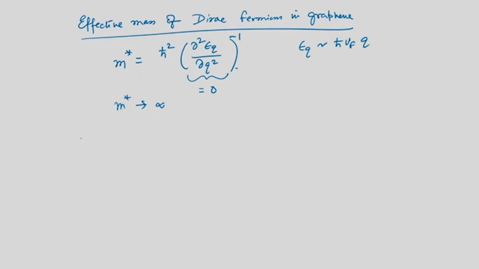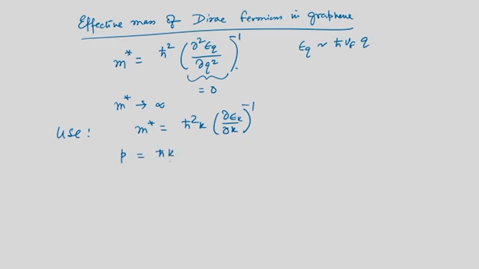Okay. For that we have to use a formula, m star is equal to h cross squared k del E del k inverse. So, it is not a double derivative, but a single derivative, and if you want to understand where it comes from, a simple semiclassical argument would be good enough.